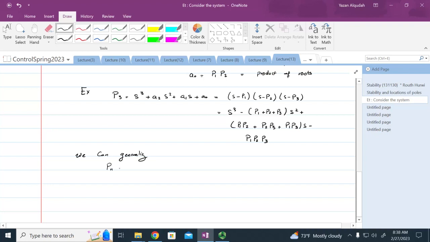If I have an nth order polynomial, Pn of s equal s to the n plus a(n minus 1) s to the n minus 1, all the way to a0, and we have n poles or n roots, s minus p1, s minus p2, all the way to s minus pn, then these coefficients are related as follows. A(n minus 1) is going to equal the negative of the summation of pi's.